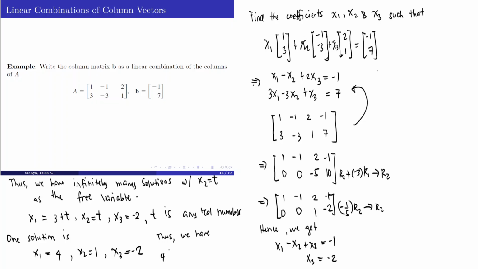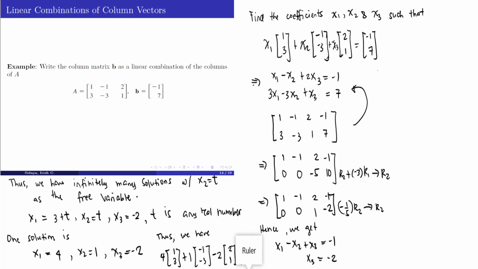4 times 1, 3, then plus 1 times negative 1, negative 3, then plus negative 2 times 2, 1 equals negative 1, 7.